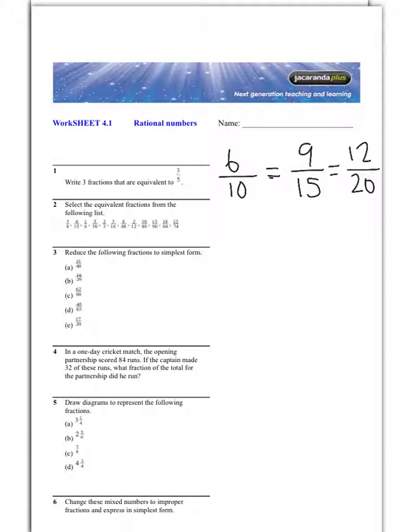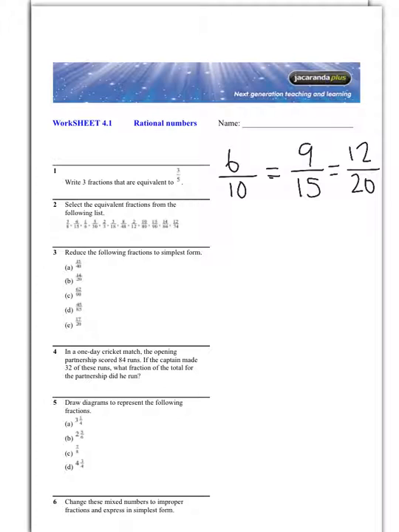Now, my strategy for the second question is to try and simplify all of those fractions to their simplest possible form. As soon as we've got them in their simplest possible form, then we can see the equivalent ones will be exactly the same. So we need to decide whether they're in the simplest possible form first.